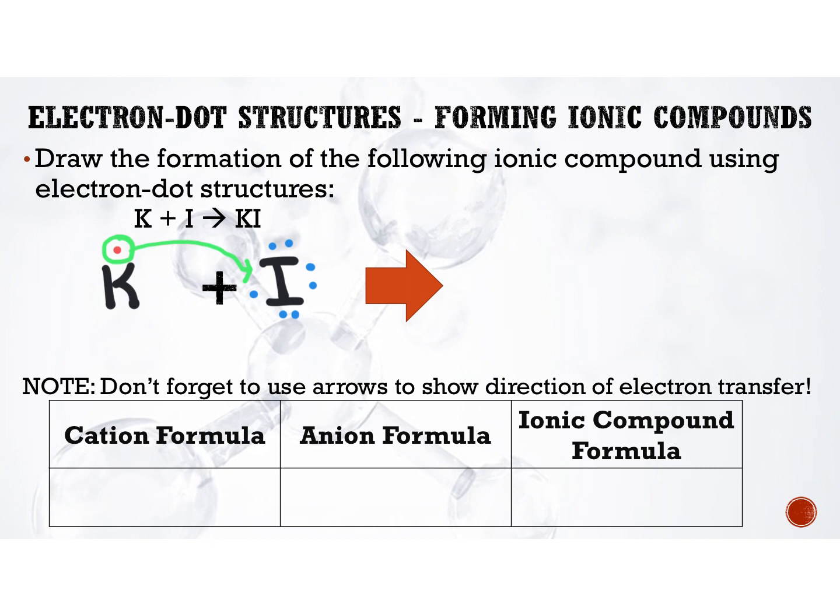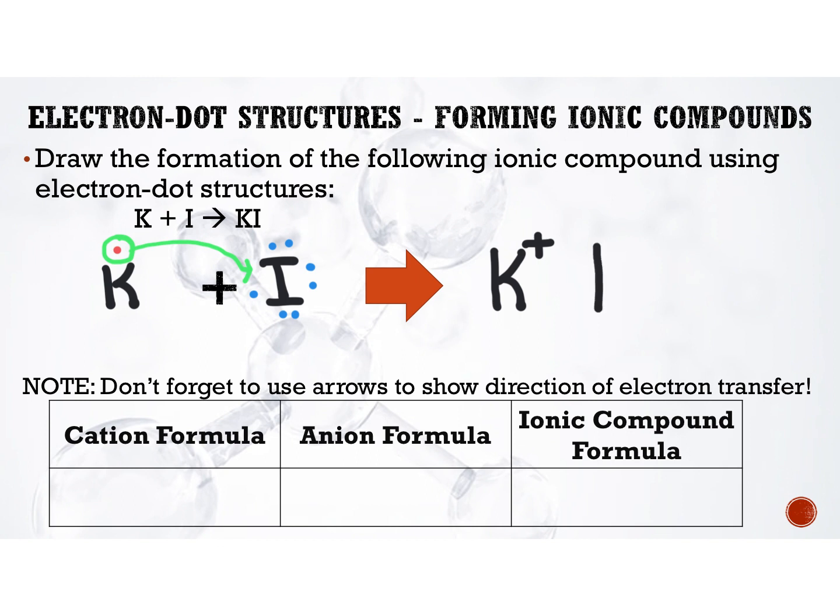Great. Now we're going to go back and write out what potassium and iodine look like after that electron transfer. Remember, potassium lost the electron, so it gained a positive charge.